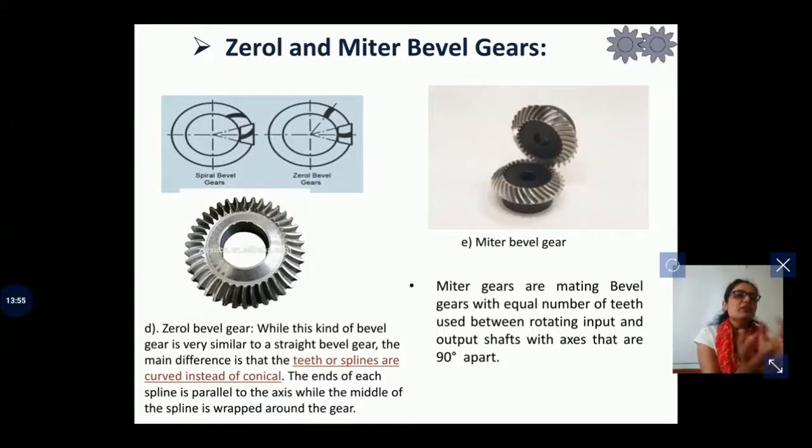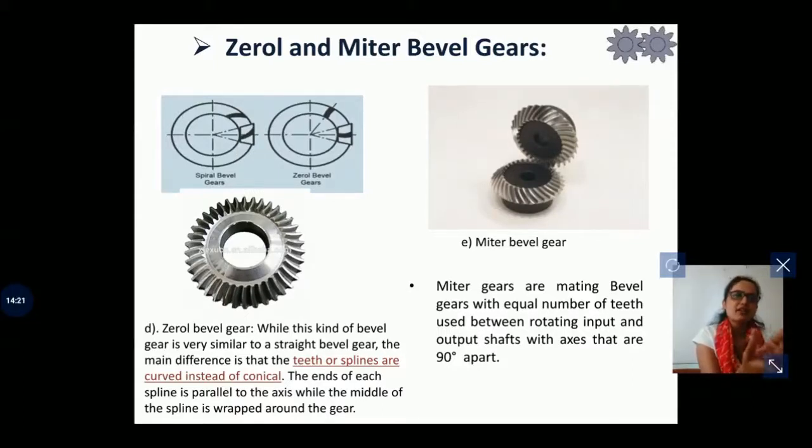Due to this little change, the engagement of two zerol bevel gears increases gradually, so there is no sudden line contact, and due to that the noise and friction can be easily avoided. So the zerol bevel gear is a modification of straight bevel gear.